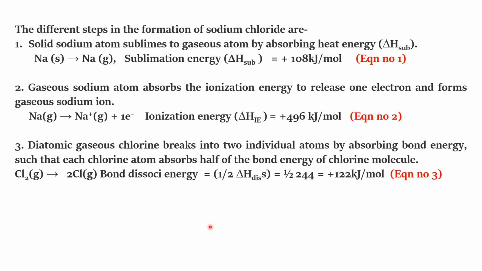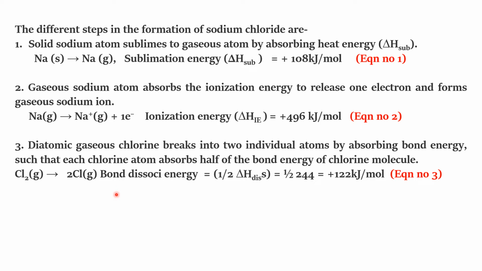Now moving to the third step, we have the chlorine molecule, Cl2 molecule. It is existing in the gaseous state. I have to convert it to chlorine atom. So the chlorine molecule has to be converted to chlorine atom. So we have to dissociate the bond between chlorine.